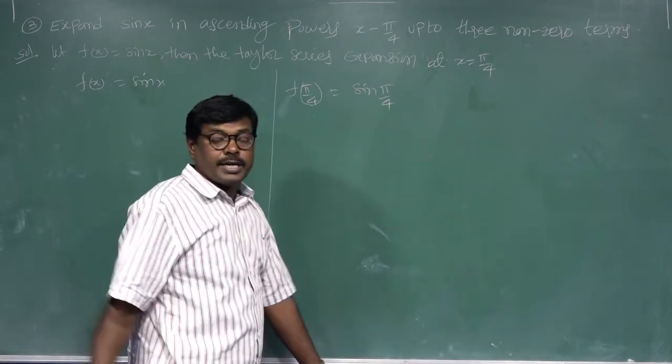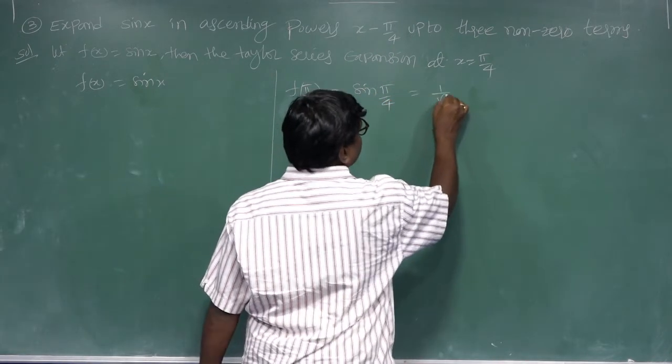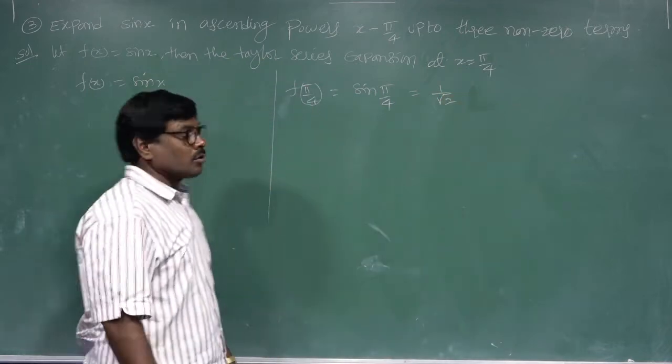The value of sin pi by 4 is 1 by root 2.